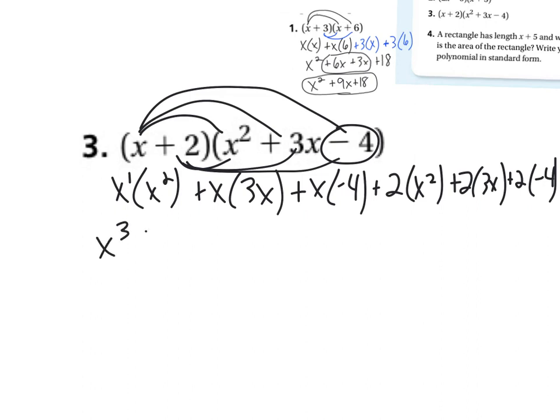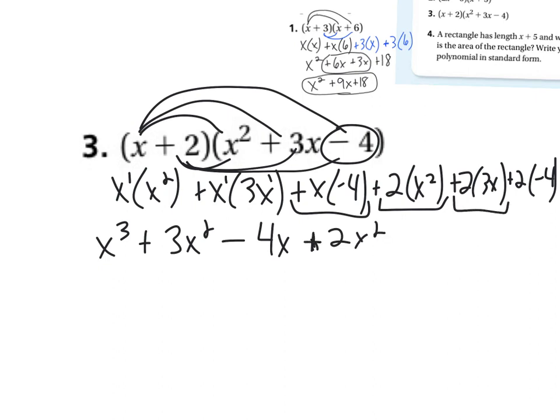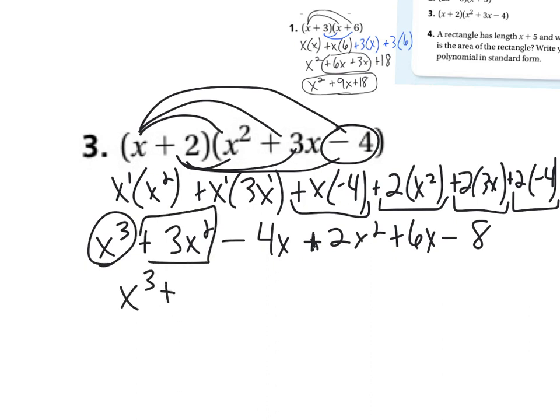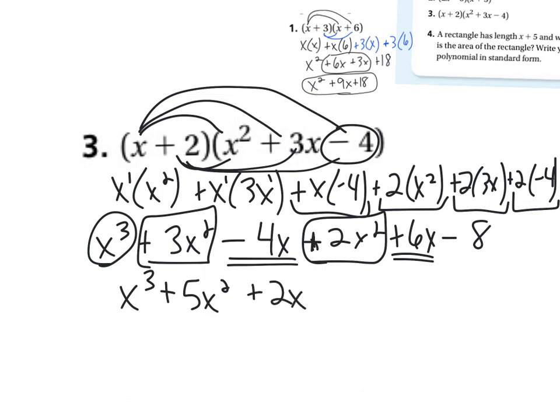So we got x cubed plus 3x squared, minus 4x plus 2x squared plus 6x minus 8. And then we'll combine like terms, so x cubed plus 5x squared plus 2x and minus 8.